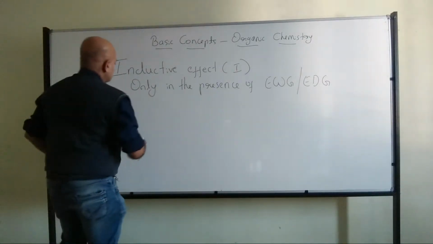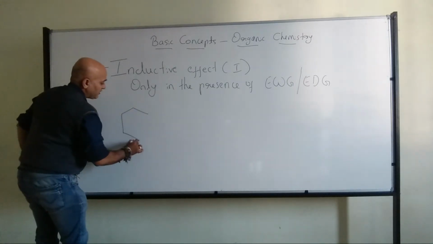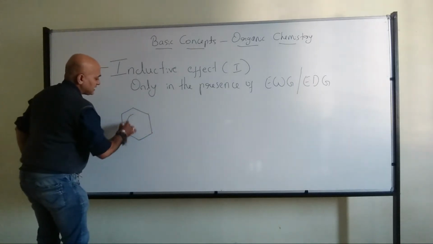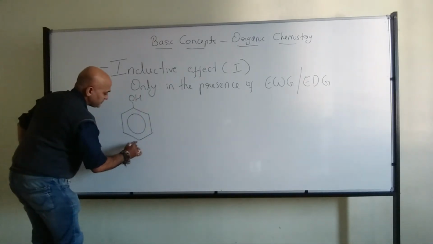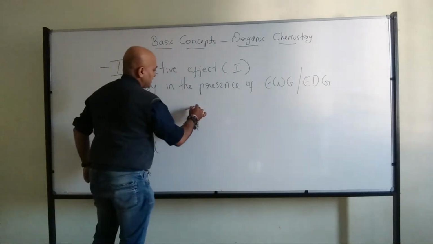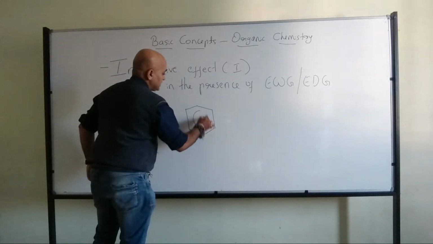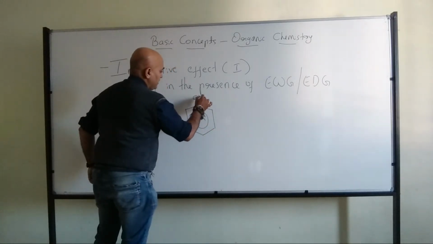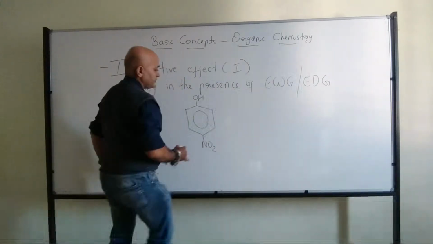So in the last class, we had discussed about phenol, acidic character of the phenol, right? Then we have taken another example, which was the derivative of phenol, that is OH with NO2.